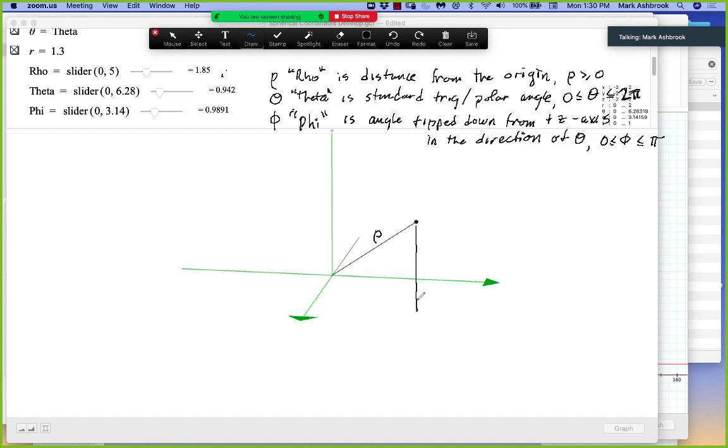Z. Someone wants z. Agree with that? Yes. That would be z. And now from here, what would be r? Where would I go? Distance from the origin. Yeah, so if I'm in the xy plane, I can draw that to the origin, right? So it's this. That's my r.